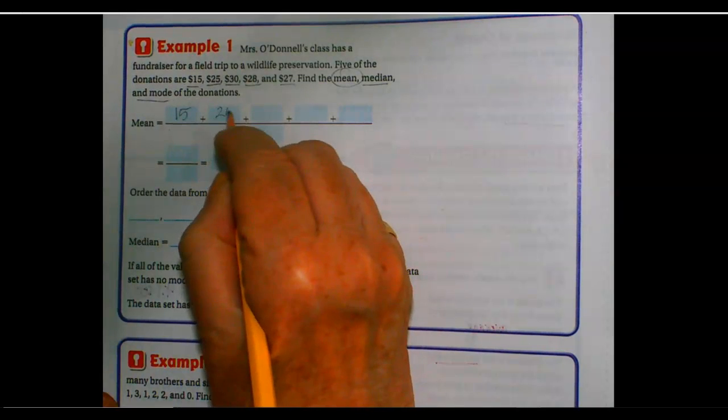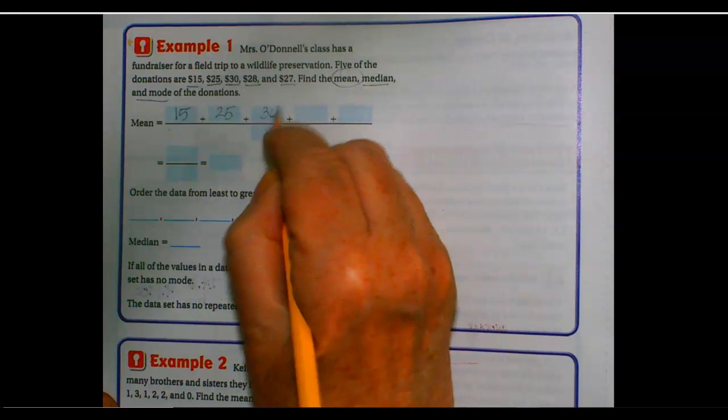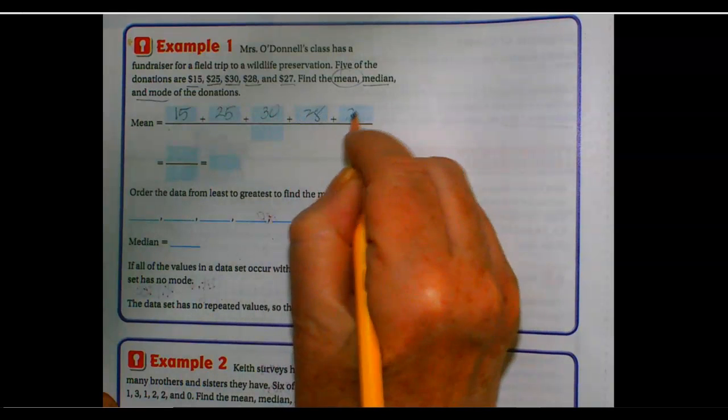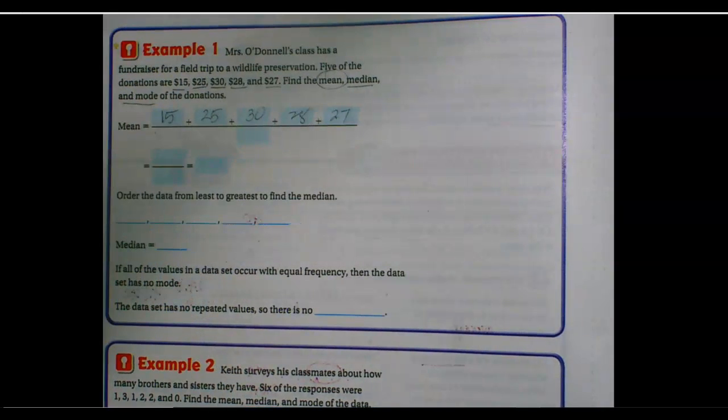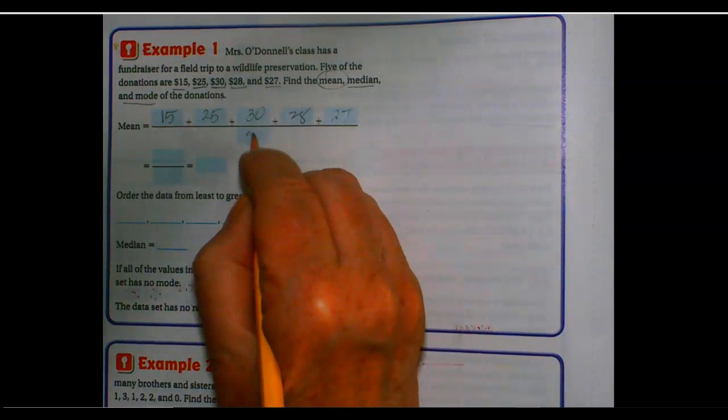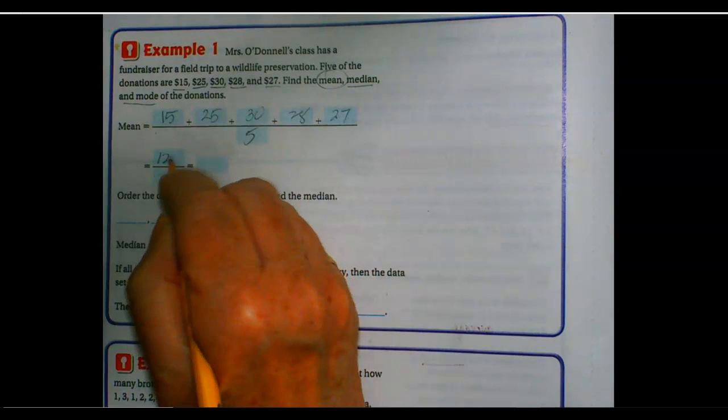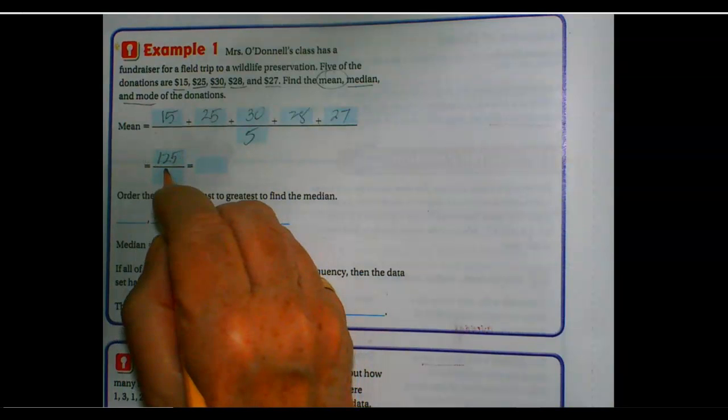To find the mean, we are going to input the values here, add them up, and divide by 5. The sum of the data set is 125, and 125 divided by 5 will equal 25. So the mean is 25.